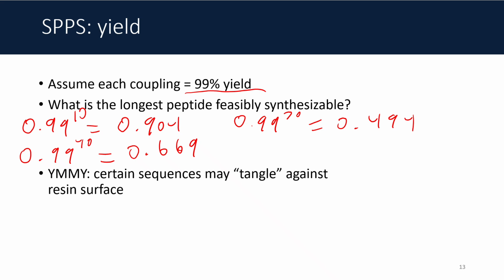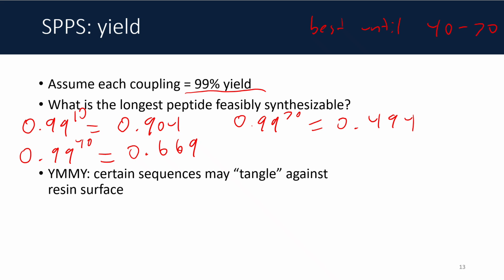So the rule of thumb is, what is the yield of solid phase peptide synthesis? Well, it's going to decrease the longer and more complicated your protein is. And generally speaking, solid phase peptide synthesis is only best until somewhere between 40 to 70 amino acids long.